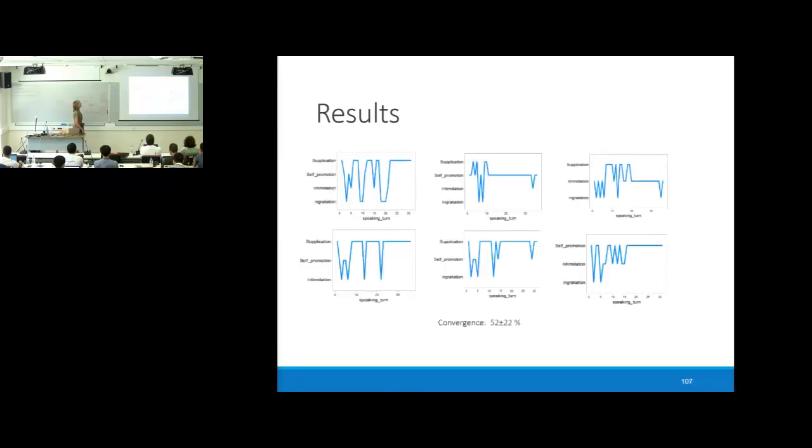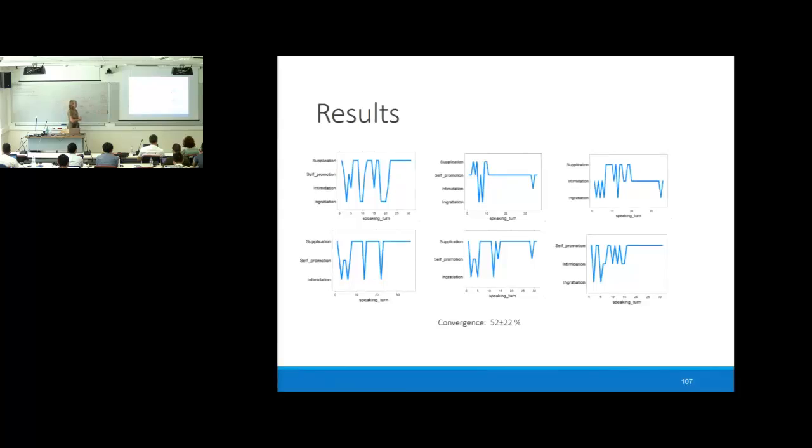We also looked at the strategy that the agent was producing along the interaction. We had about 35 speaking turns. Here we can have ingratiation, intimidation, self-promotion, supplication, and you can see the type of strategy that the agent was using, and at the end, the system arrives at one possibility for the agent.